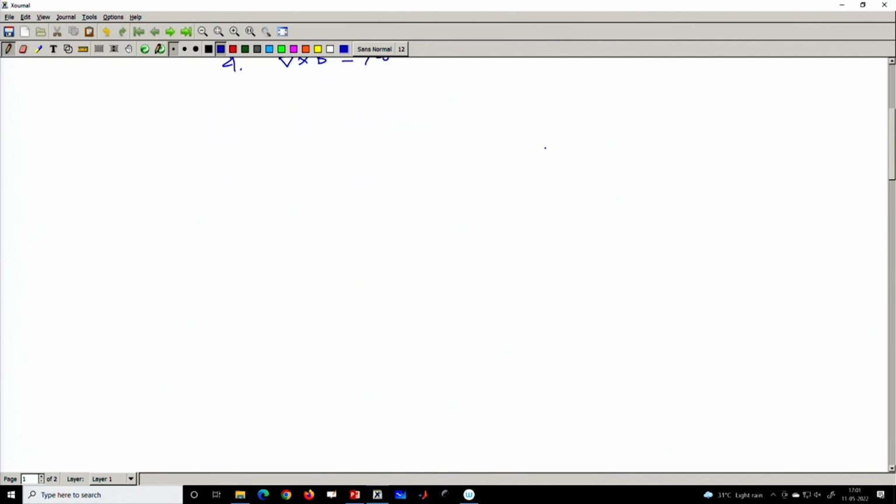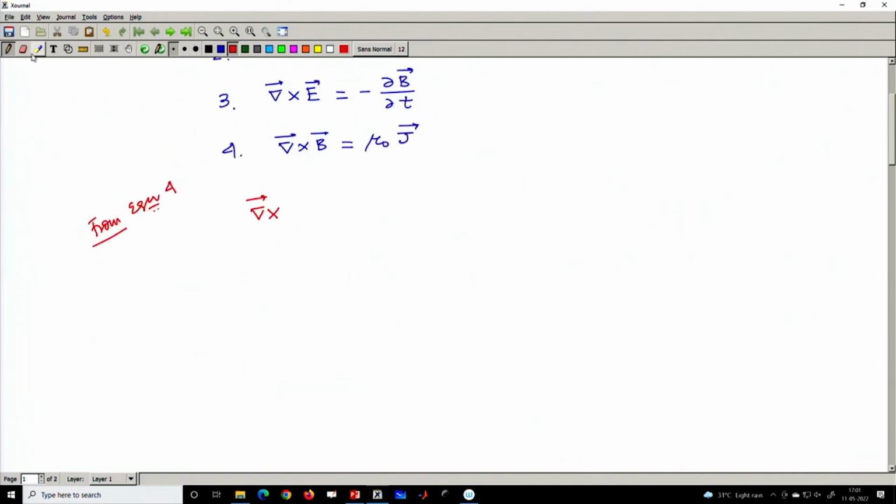So, if I take the divergence of both sides of equation 4, what do we get?